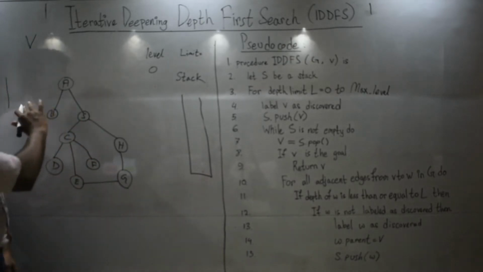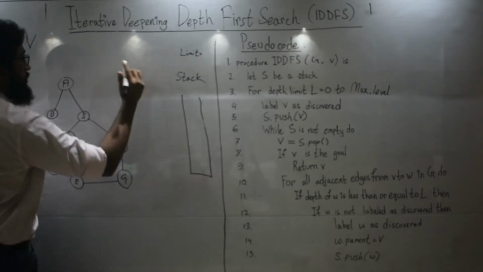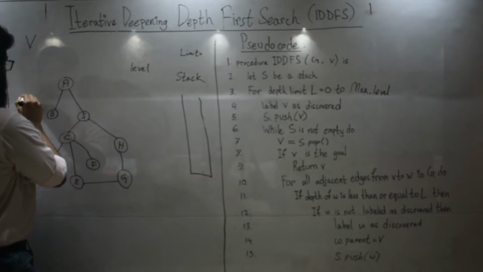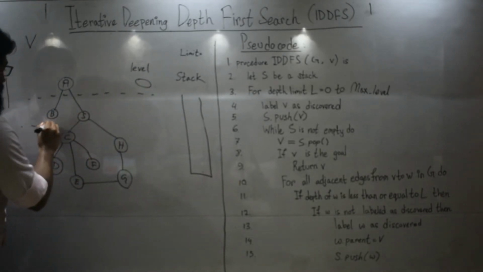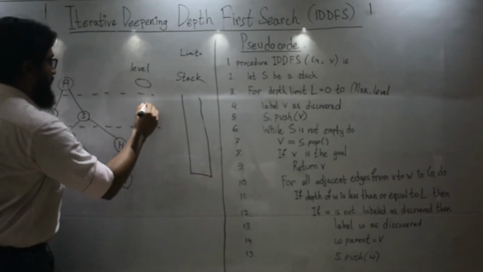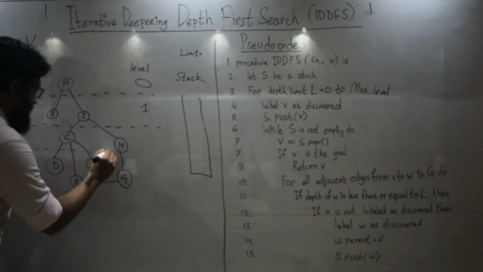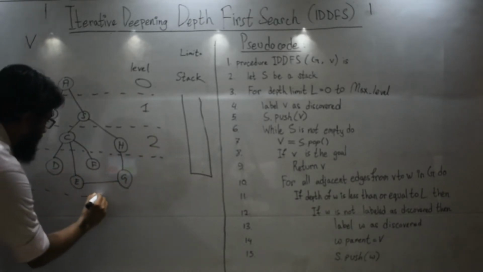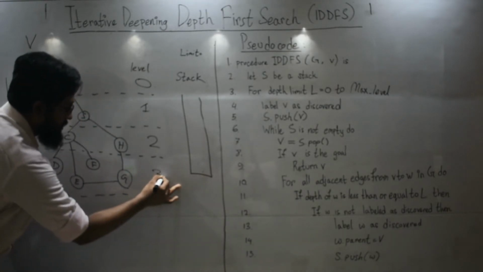Okay, let's quickly put the levels. So my root node will have a level of 0, its children will have 1, next are these ones, they will have 2, followed by these last ones, they will have level 3.